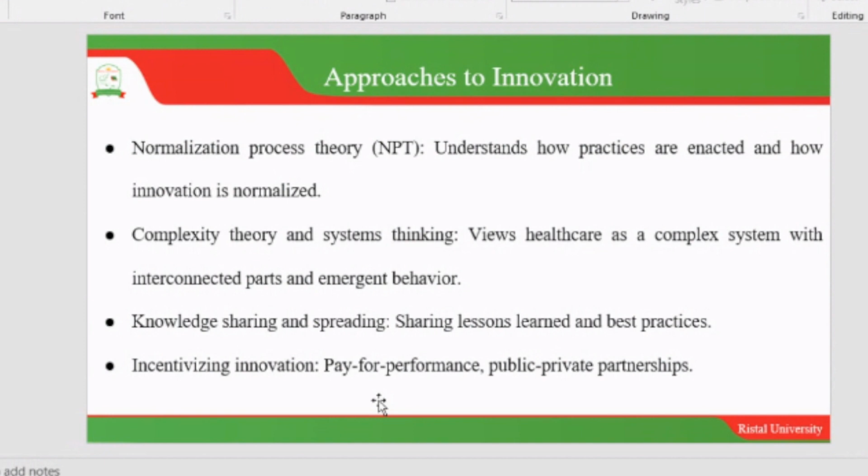Then we also look at complexity theory and system thinking, which views healthcare as a complex system with interconnected parts and emergent behavior. Then knowledge sharing and spreading, in which we want to share lessons learned and best practices to improve these innovations.